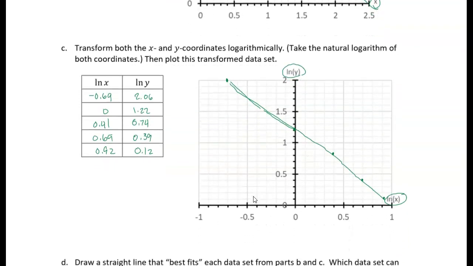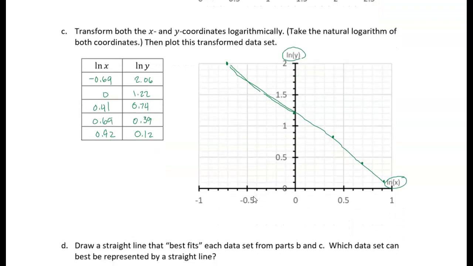So I know that this data in part C fits a line better. So I'm just going to take 2 points, and I'm going to take 0, 1.22. It doesn't really matter, but I like having this, essentially the y-intercept, or the natural log of y-intercept. That's a good one to use when coming up with the equation for a line.